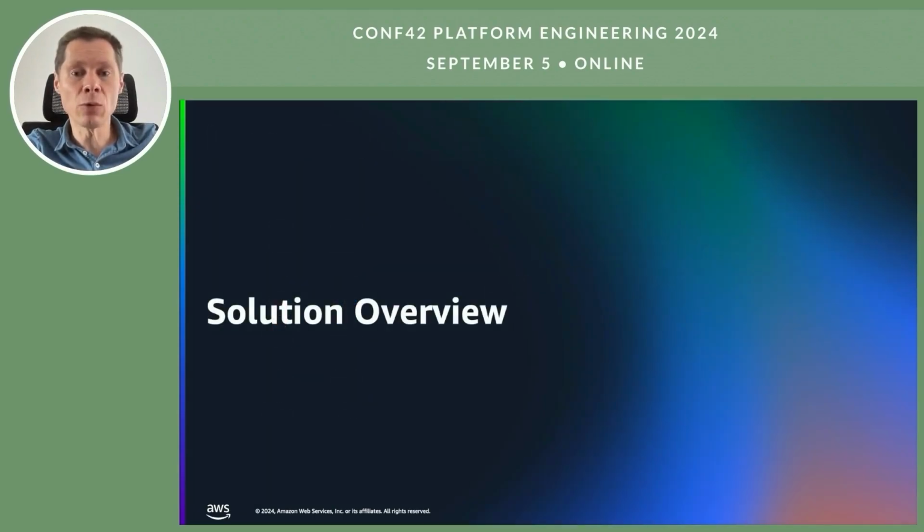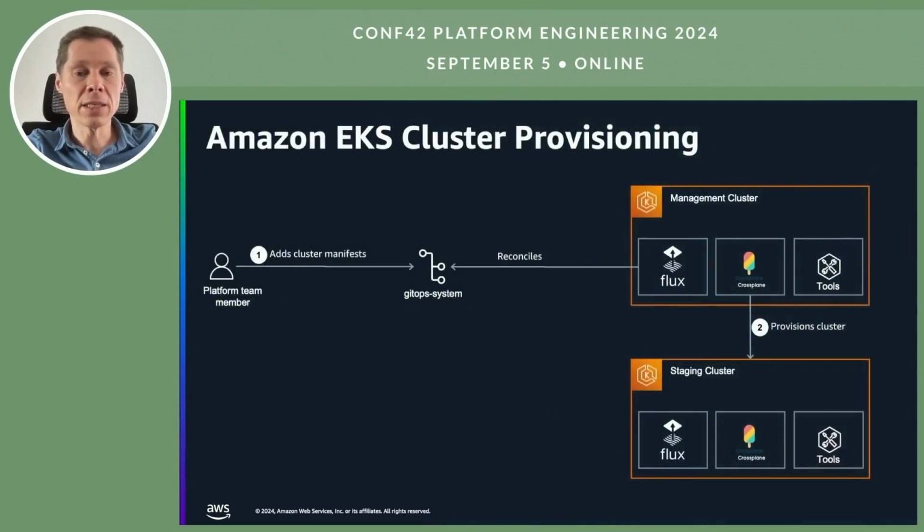To demonstrate how to use composition and infrastructure controllers together in practice, we at AWS built a solution reference for managing AWS services using infrastructure controllers through compositions. In this solution, we demonstrate how to provision an Amazon EKS cluster using compositions and infrastructure controllers.